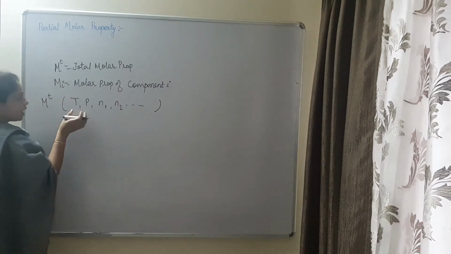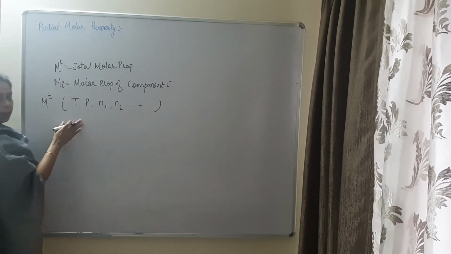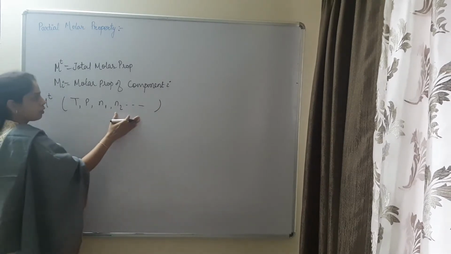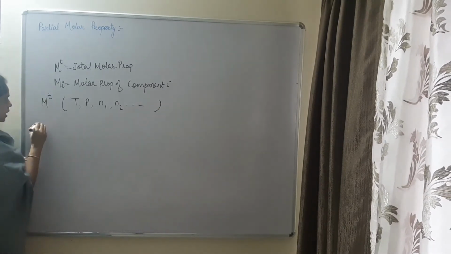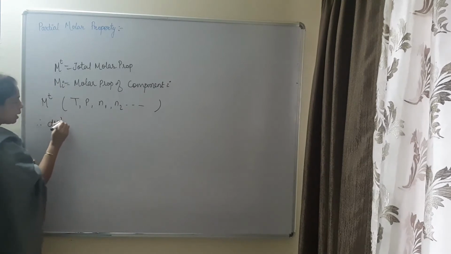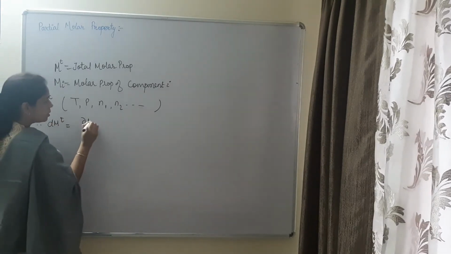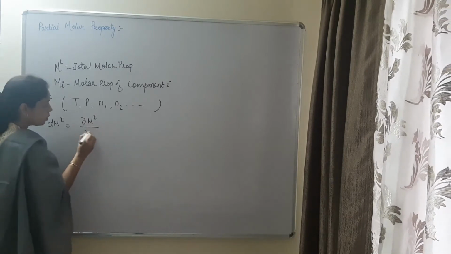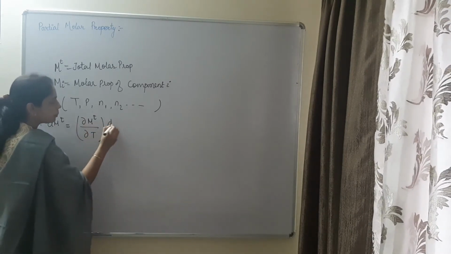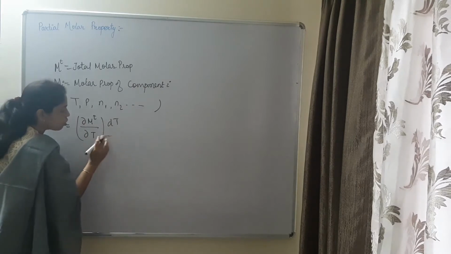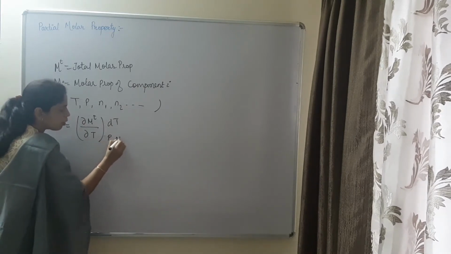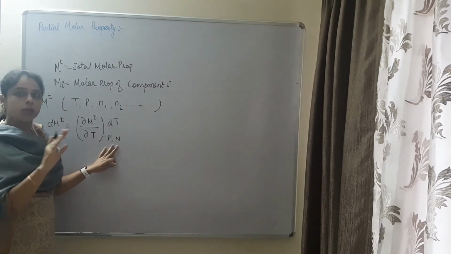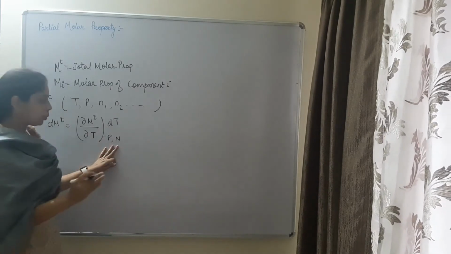Now let's consider a small change in temperature, pressure, and the amount of any component. Then we can write dMt equals the partial change in total molar property with respect to T, dT, where pressure is constant and the total number of species are constant. That means the number of species remains constant and does not change.